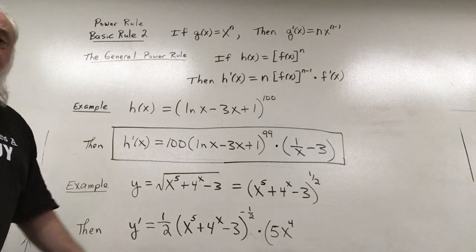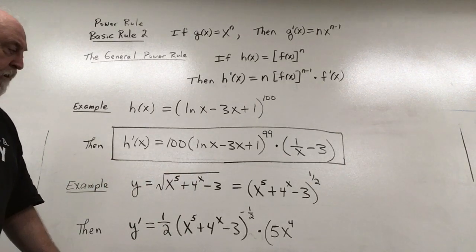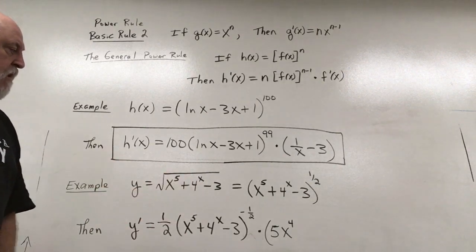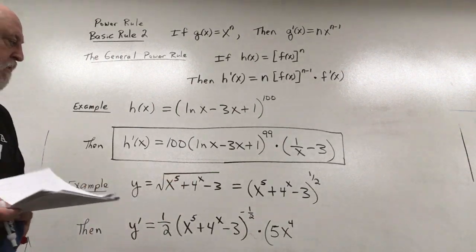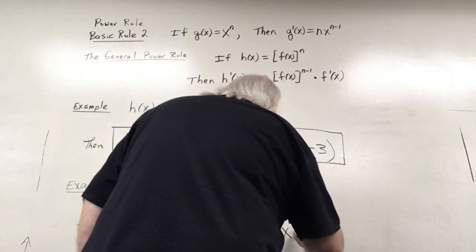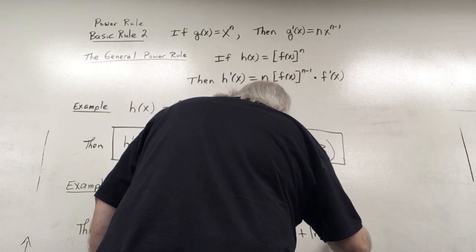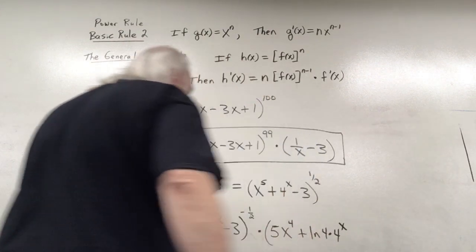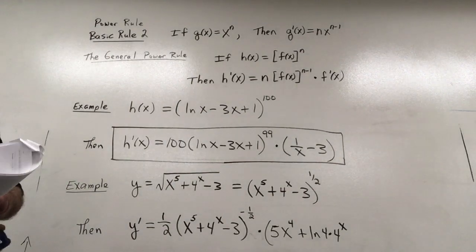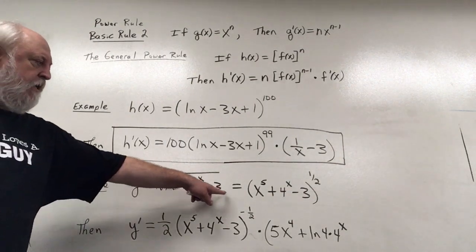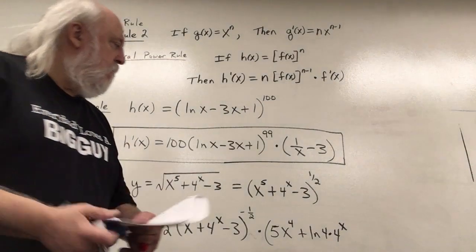Well, 4 to the x is an exponential. It's not a power function, it's an exponential. And so the derivative of 4 to the x is the natural log of 4 times the exponential 4 to the x. And the derivative of minus 3, the constant, is 0.